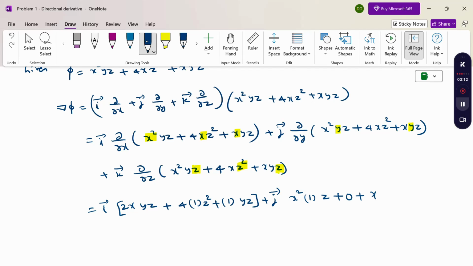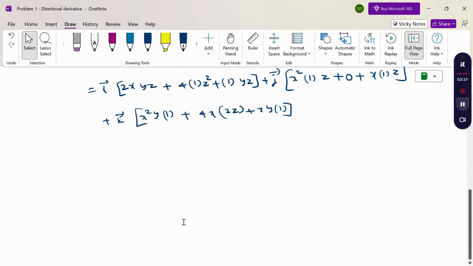Plus x, y derivative 1, z. Plus k vector: now dou by dou z of the term, considering z as the variable and the other values constant: x squared y z derivative 1, plus 4x 2z, plus xy into 1.